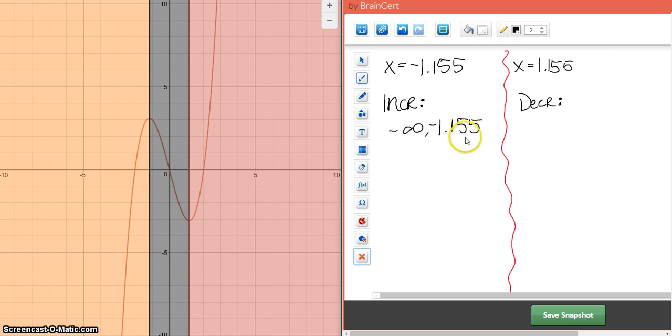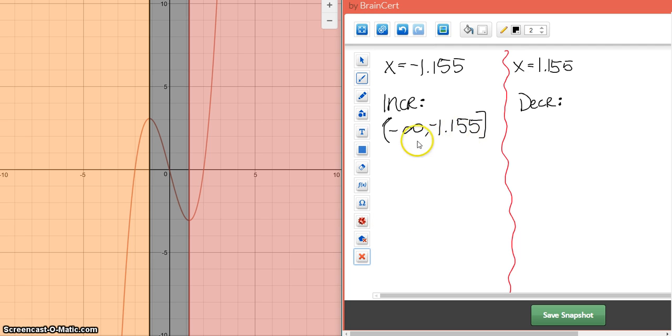And we're going to go to 3 decimal places because that's pretty typical. We don't always have to go to that portion.